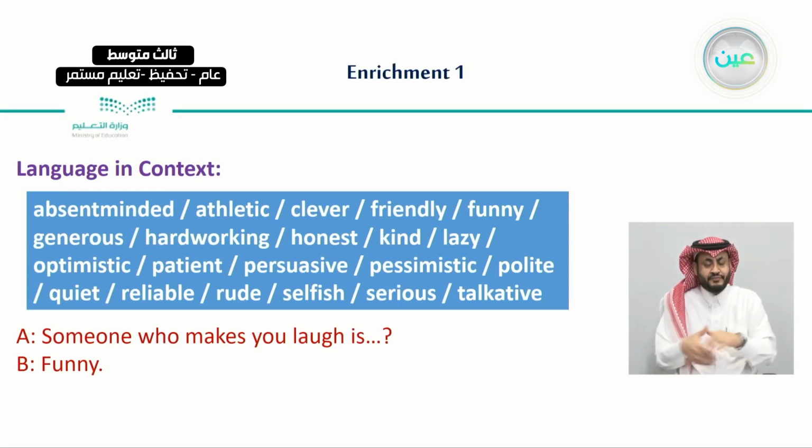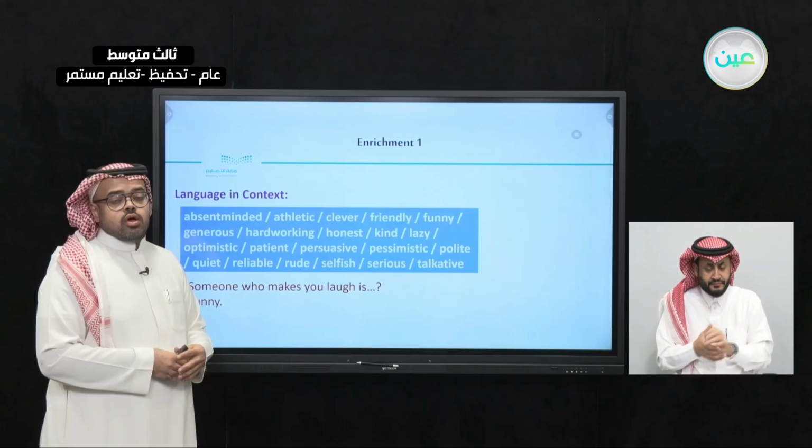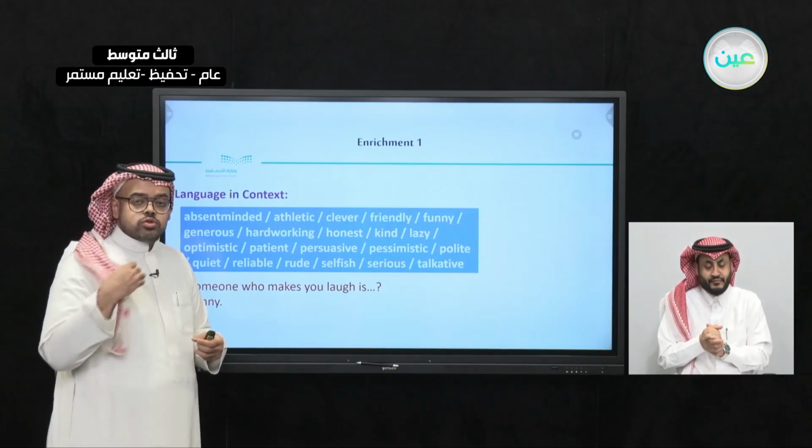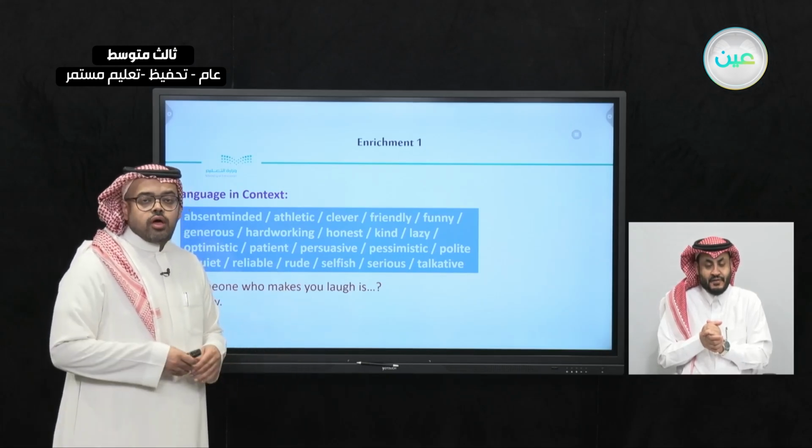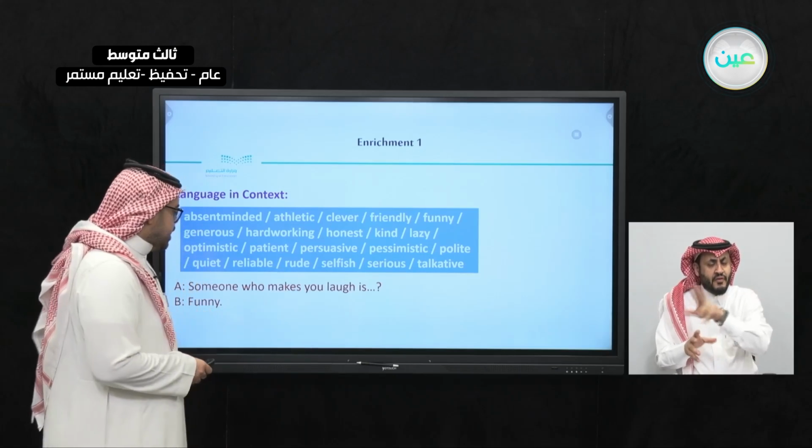Adjectives like absent-minded, athletic, clever, friendly, funny, generous, hardworking, honest, kind, lazy, optimistic, patient, persuasive, pessimistic, polite, quiet, reliable, rude, selfish, serious, talkative. So all of these personal adjectives, we have learned them, and I also asked you to try to describe people using these adjectives.